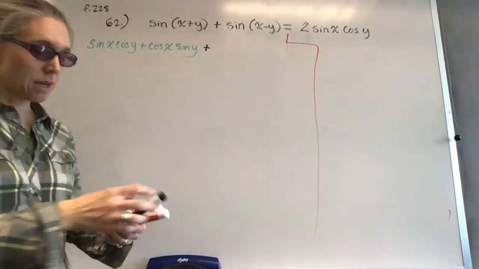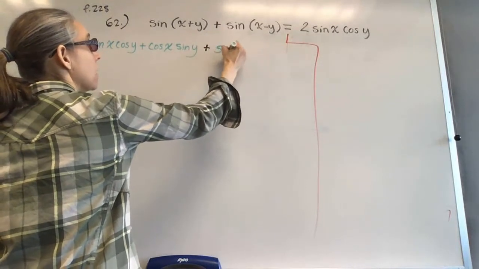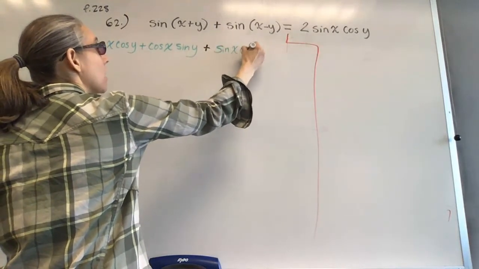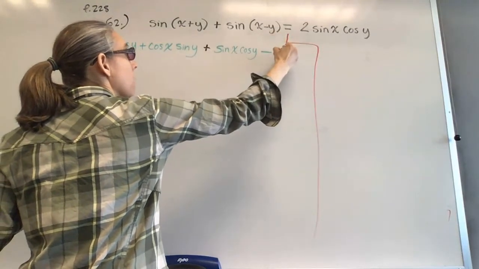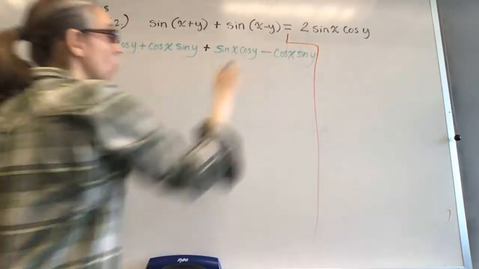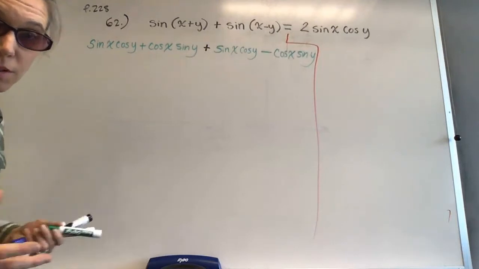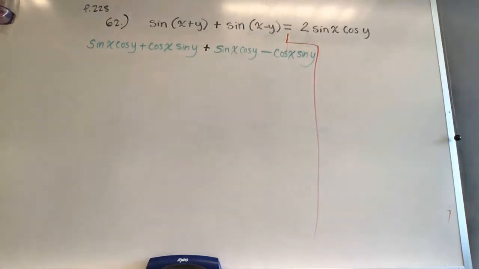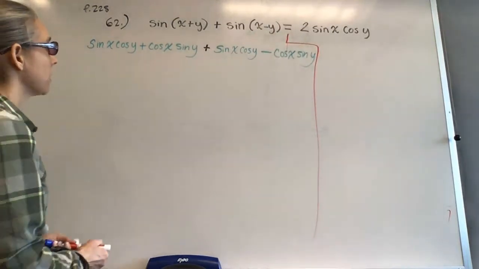Sine of x minus y is sine x cos y minus cos x sine y. So all I did was apply the sine sum and sine difference formulas to these particular values, x and y. Now the good thing is I have just found 2 additive inverses, right?